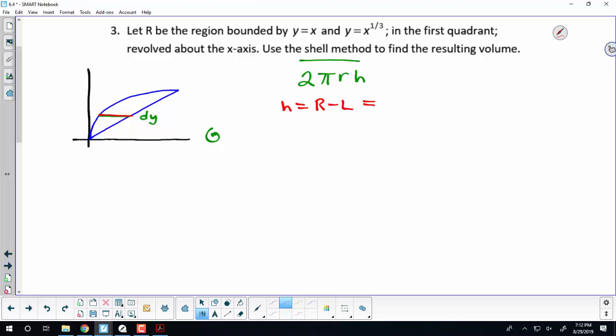So my right function is, and my left function is what? Okay, so remember though, we want to do everything with respect to y. So the right function is y, and the left function is y cubed.